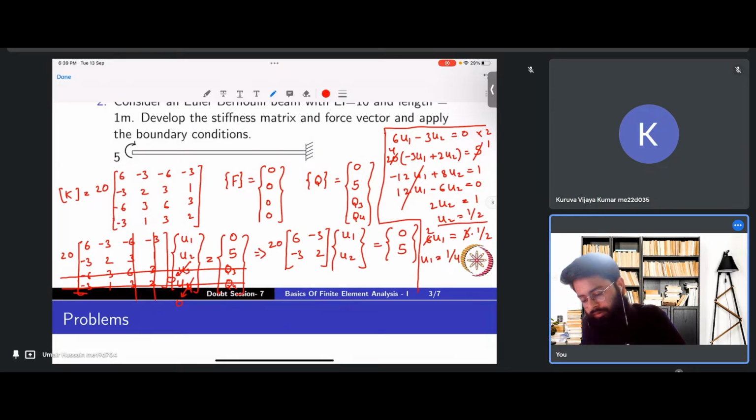So these are the values that we get for u1, u2, and we already know u3, u4.